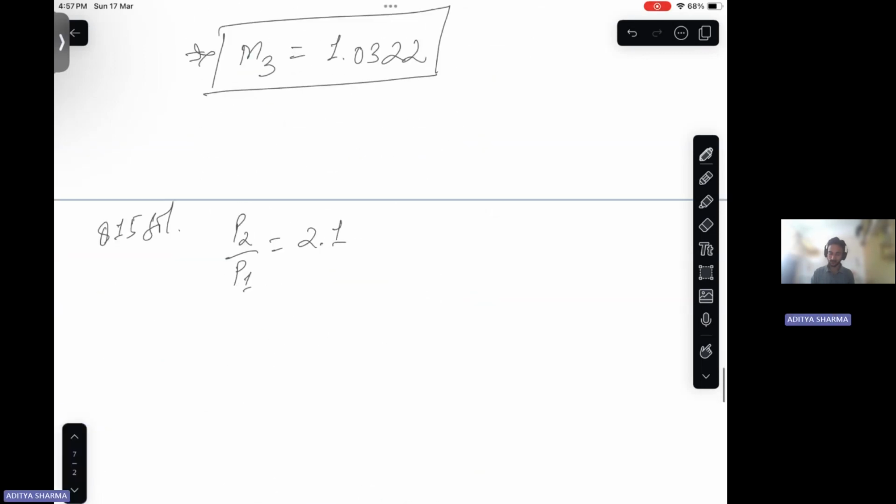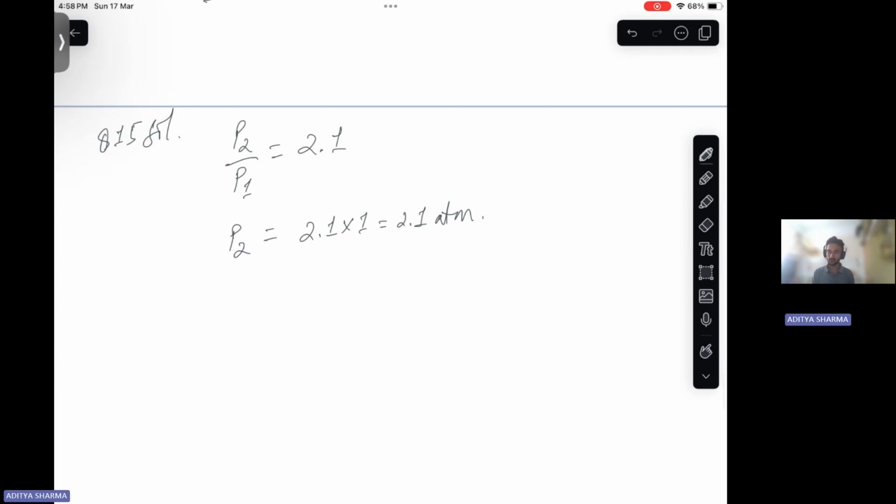So P2 will come out to be 2.1 atmosphere, right? Now this P2 will serve as upstream for the second oblique shock.